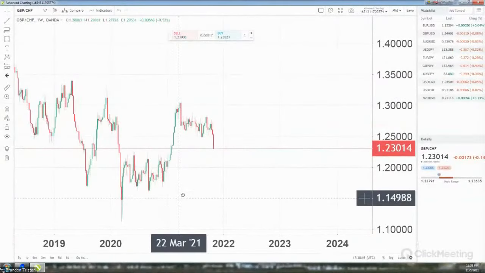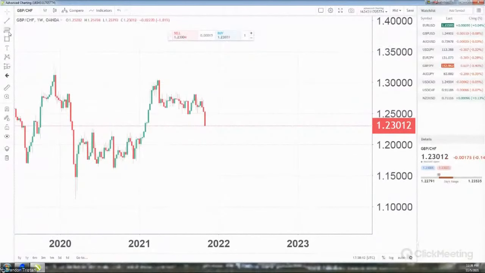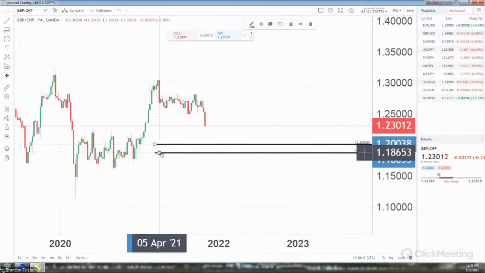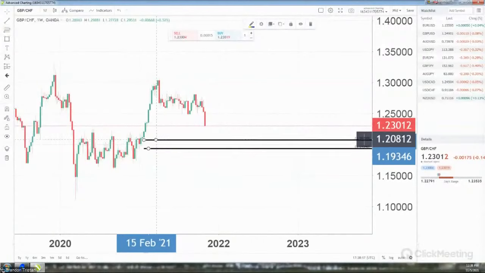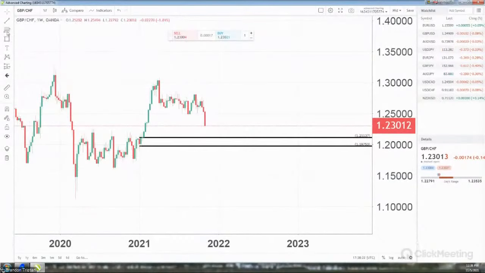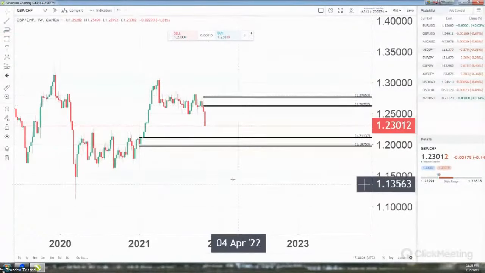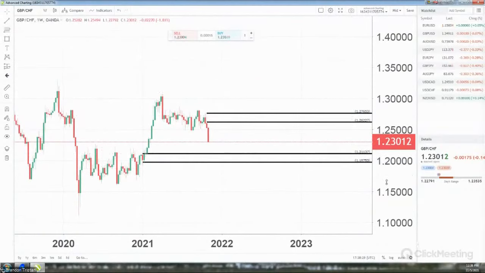Whoops. Until here. We got the imbalances, right? Then we got the supply up here.